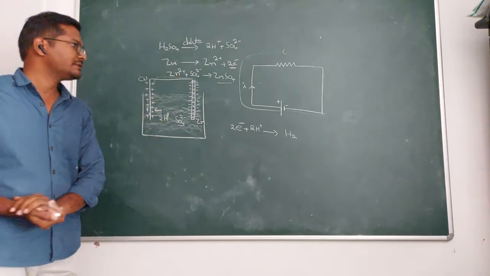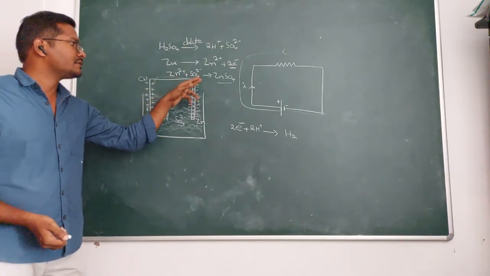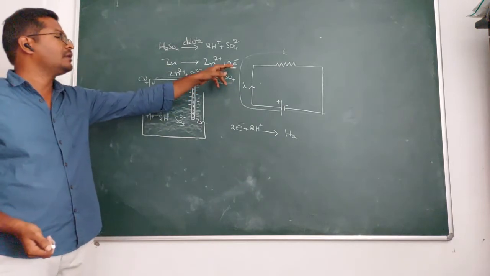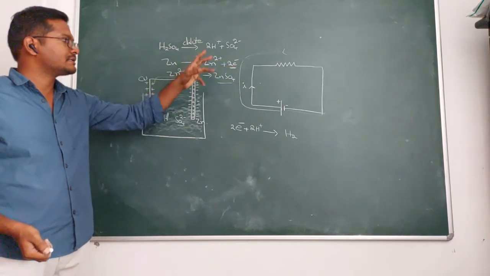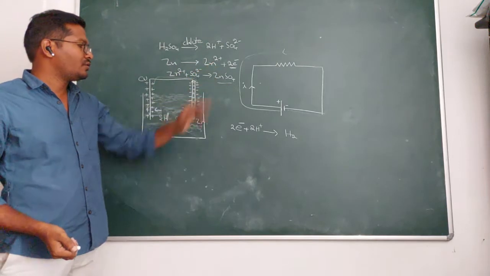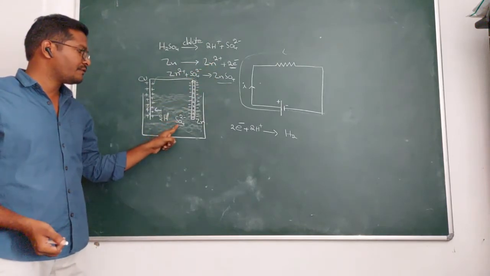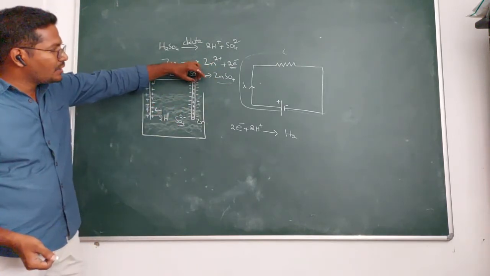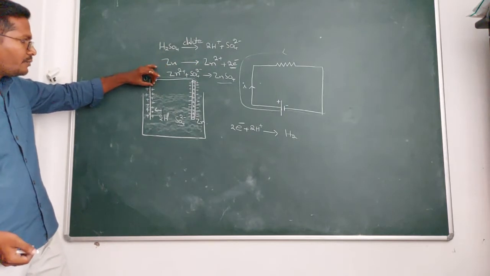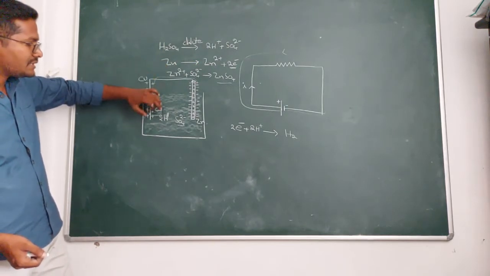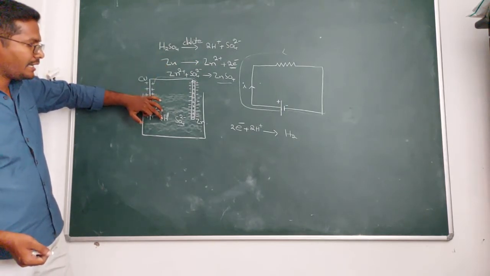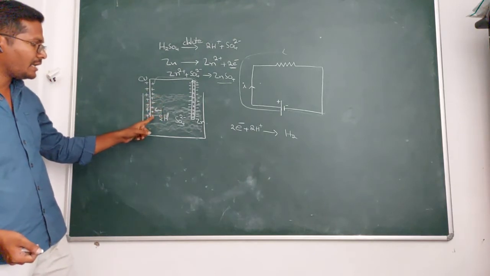Why do we get the bubbles? Because those two electrons are released as Zn becomes Zn2+ in order to mix with SO4 2-. Those two electrons try to mix with the positives, which are H+ ions here. Why did these positives come here?